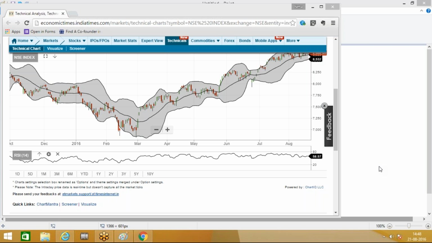If the larger trend is on the upside, it does not mean that every day the market will go up. Sometimes for a week or so the markets may be on the downside also. So it depends on what kind of trend we are talking about. If the larger trend is on the upside, and you are a technical trader, then you might play on the downside also, and then again on the upside. So it's a combination of both.